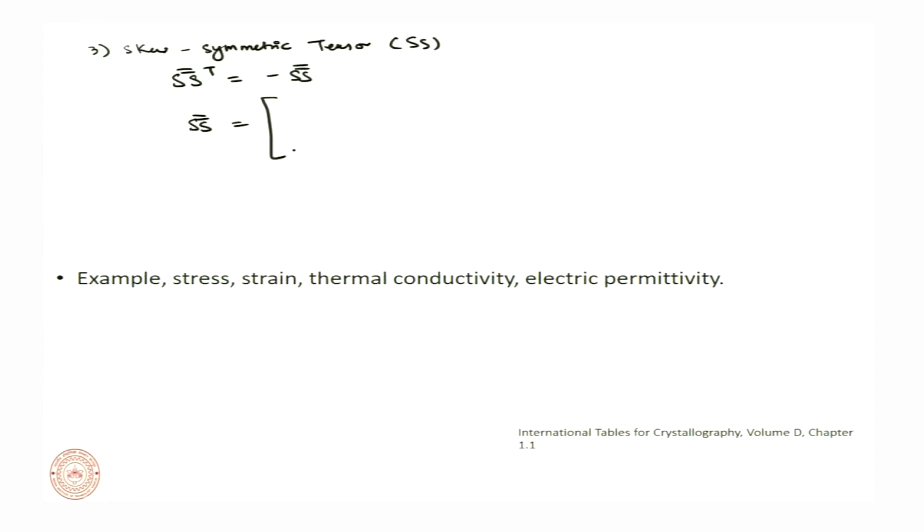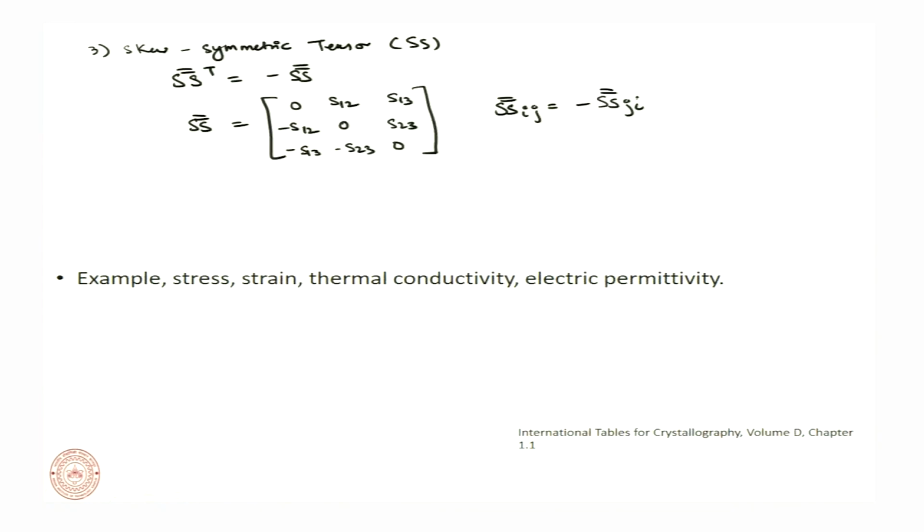It will have all the diagonal components as 0. We will have S12, S13, S23, and we will have minus terms for the off diagonal components. So S_ij will be equal to minus S_ji.